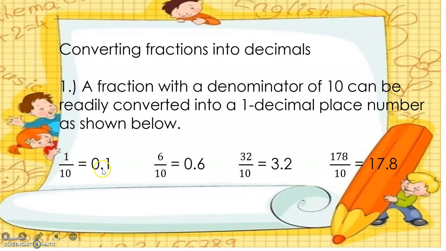From the decimal point, the place is 1. 6 over 10 is 0.6. 32 over 10 is 3.2, only 1 place since it is 10. 178 over 10 equals 17.8. Again, only 1 decimal place. Okay, next.